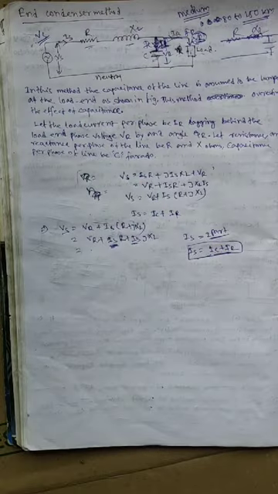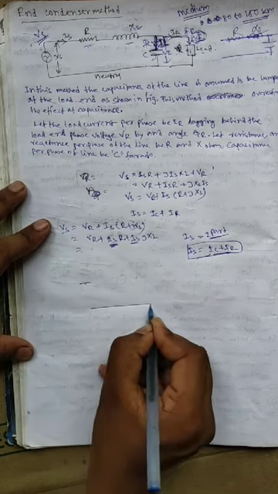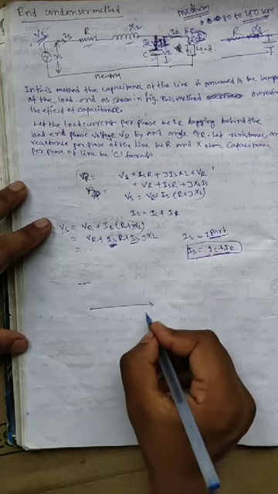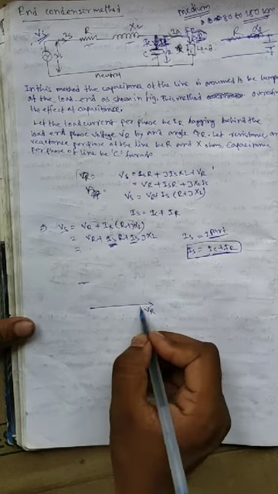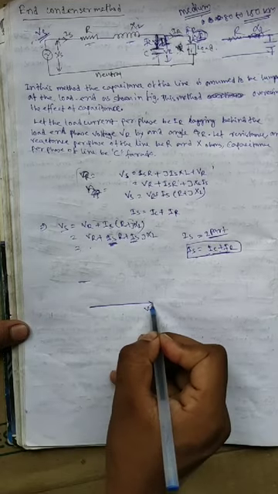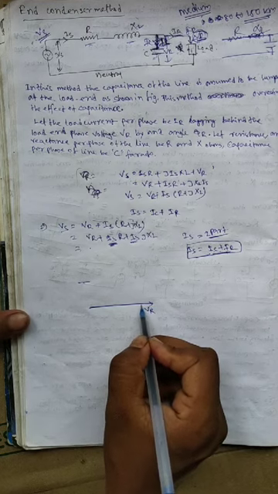We also draw the phasor diagram of the end condenser method or load condenser method. We take the reference as the VR phasor, that means the receiving end voltage is the VR phasor.